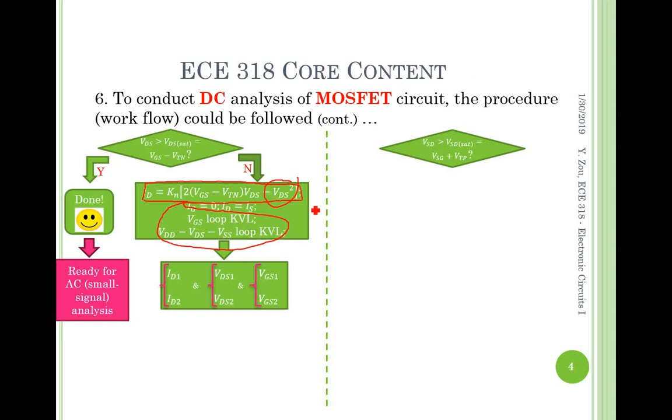But anyway, if you're looking for the results, you need to choose the set of the solution that meets the non-saturation condition, which is VDS must be less than VGS minus the threshold voltage. So this is the non-saturation case.